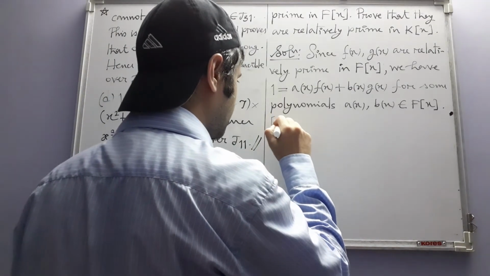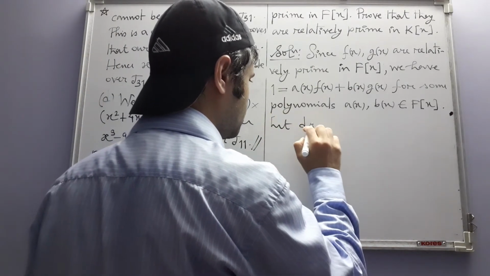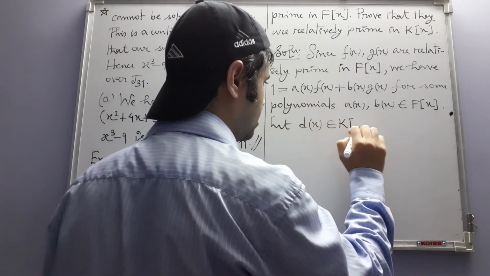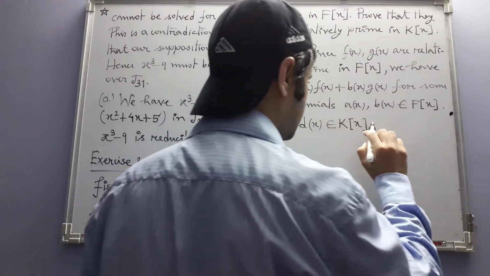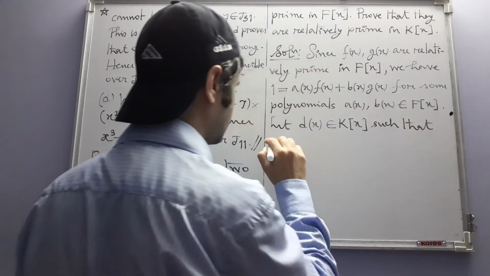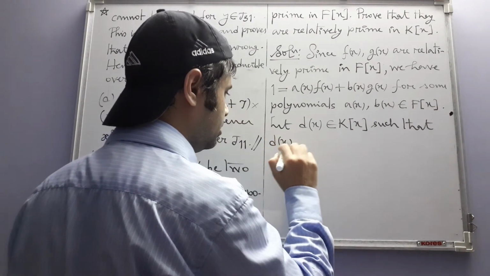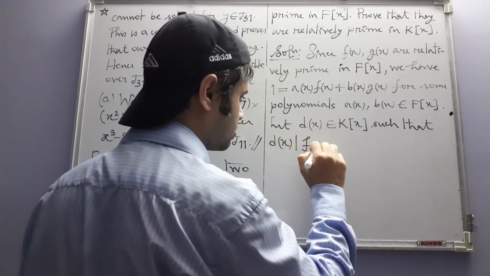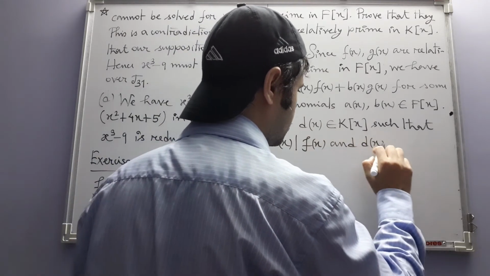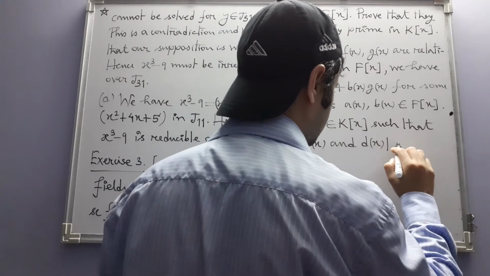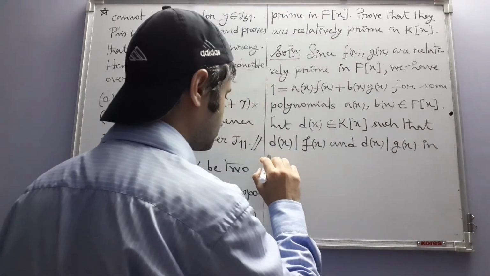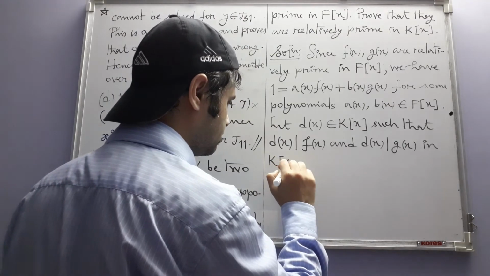So let d(x) be a polynomial in K[x] such that d(x) divides f(x) and d(x) divides g(x) in K[x].